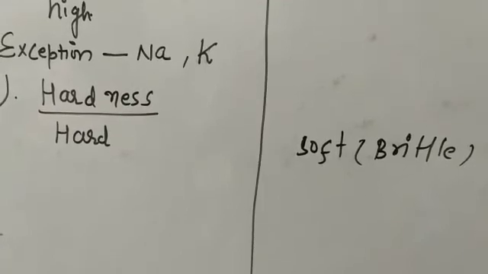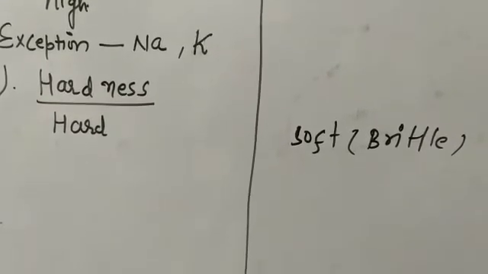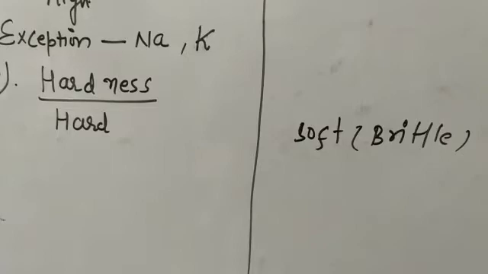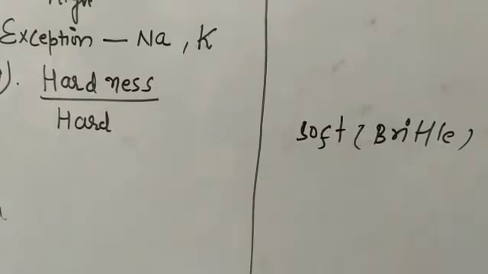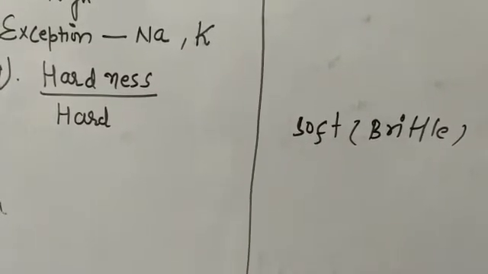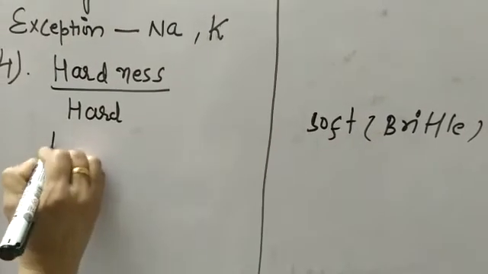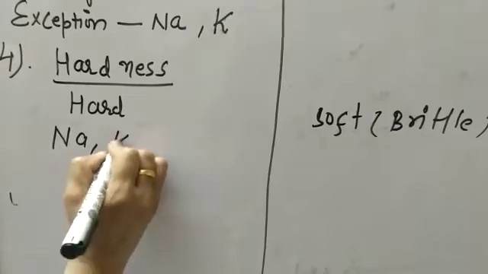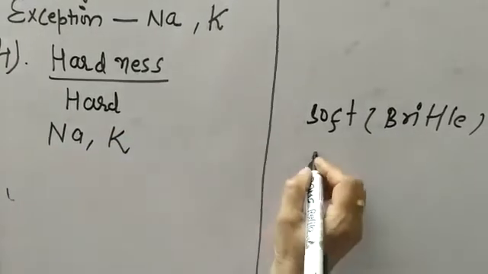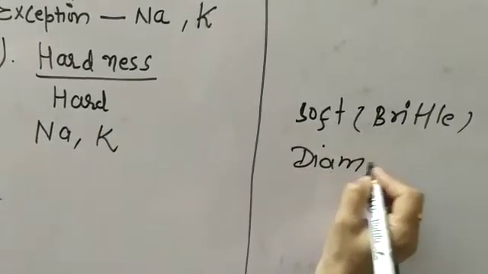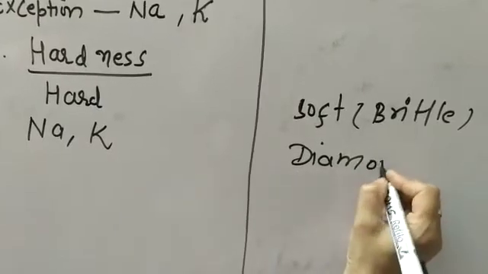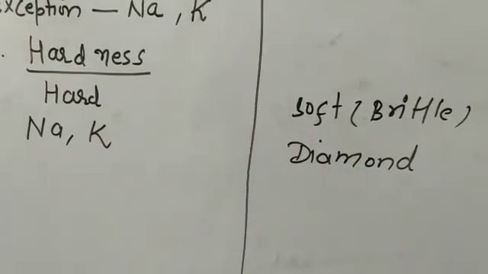Again there are some exceptions. Sodium and potassium are metals, yet they are so soft that they can be cut with the help of a knife. On the other hand, in case of non-metals, we have diamond, which is very hard.